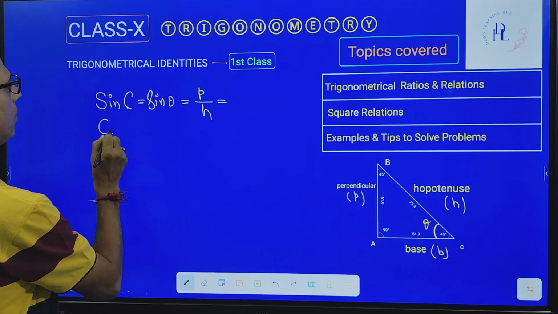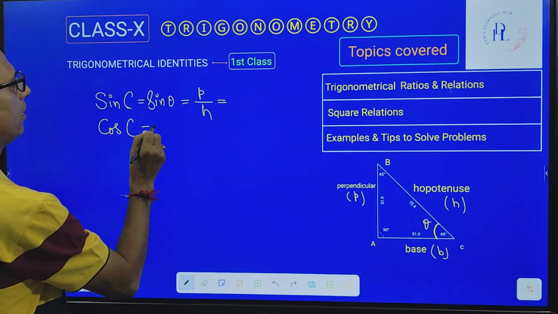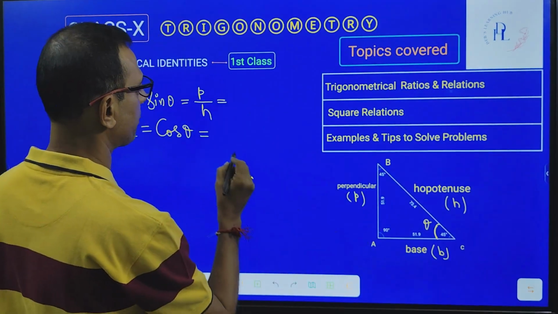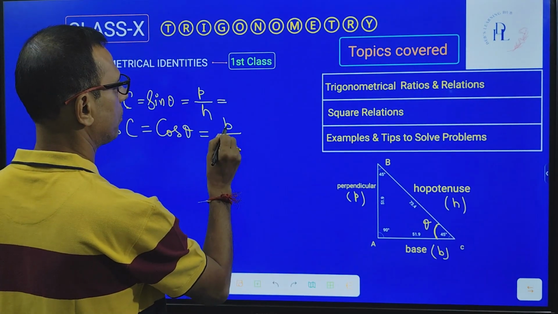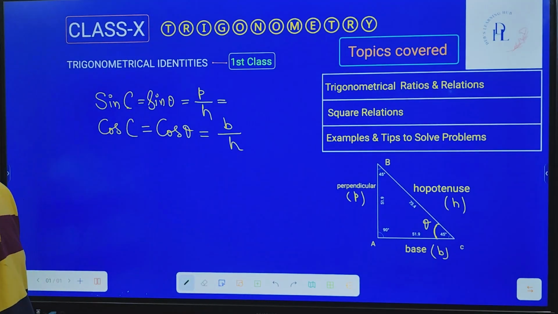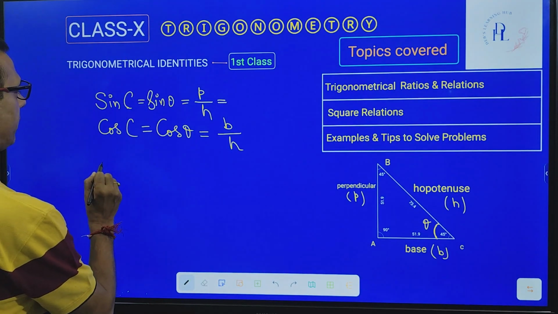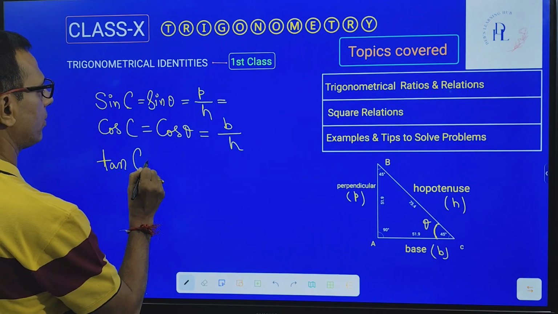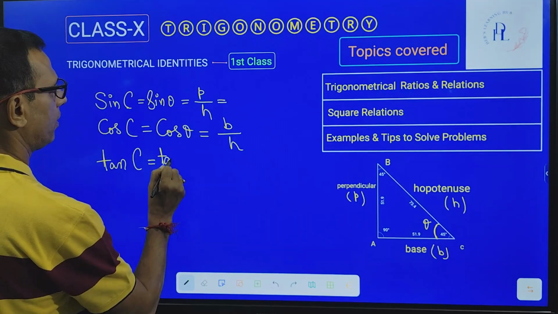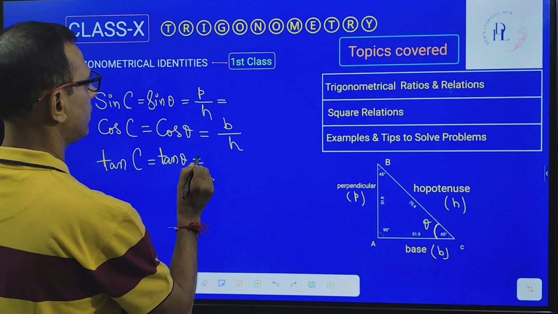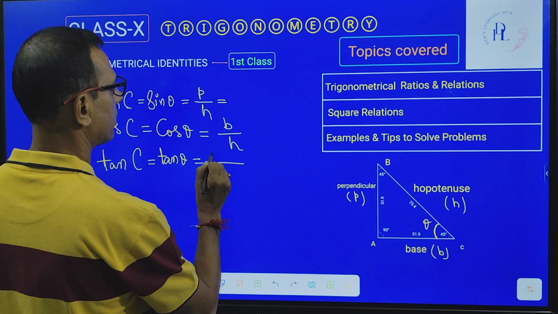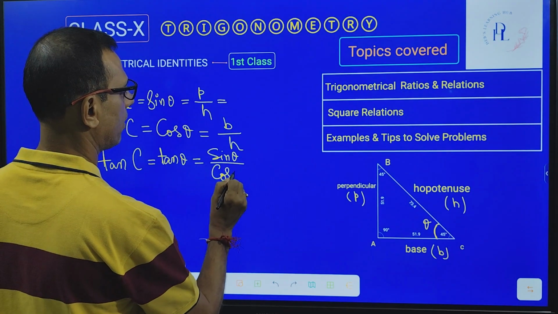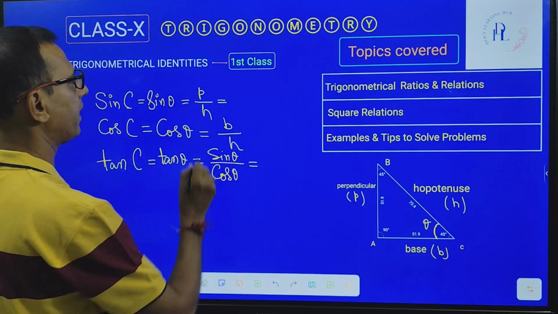Cos C or cos theta equals base by hypotenuse, that is B by H. What is tan C or tan theta? Tan theta is actually sin theta by cos theta.